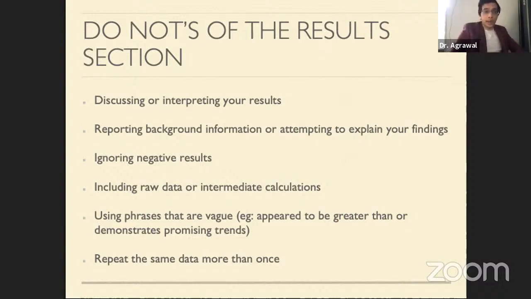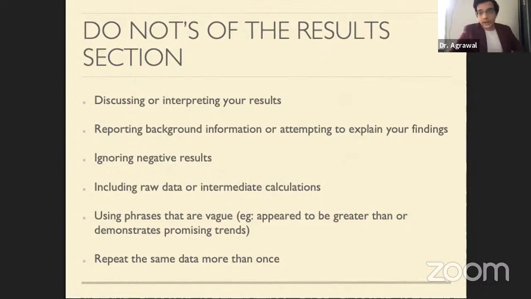Do not report background information or attempt to explain your findings again. Do not say, okay, this is the same thing that was found in this previous study. Have that in the discussion section. The results section is only for you. Usually there are no references in the results section.